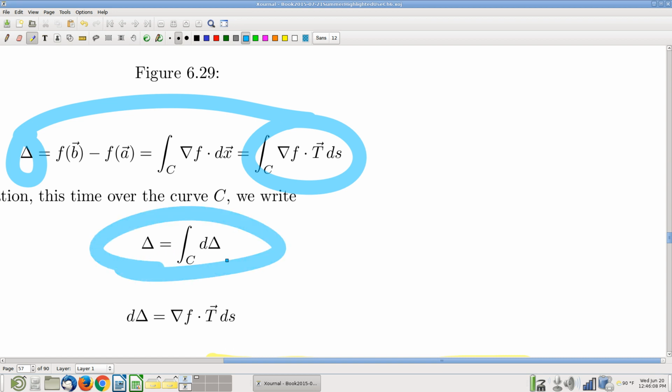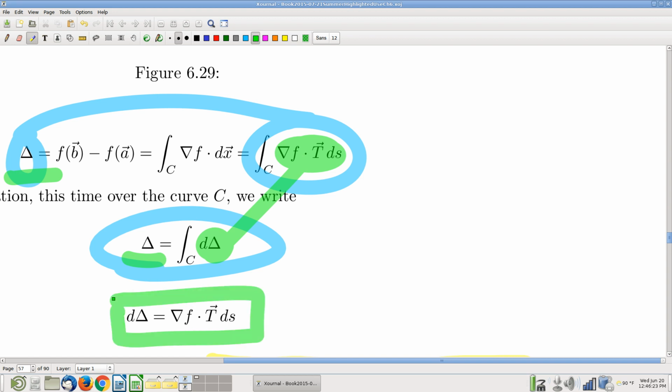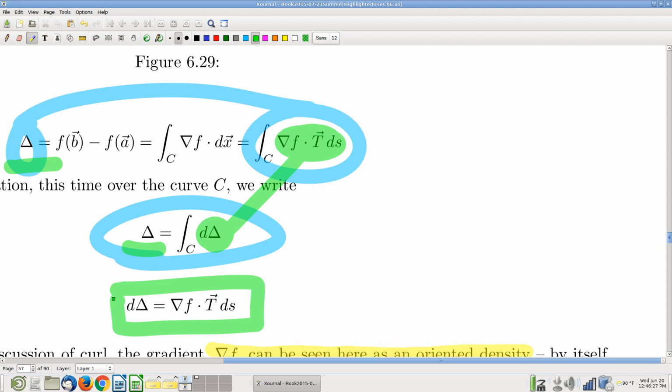And here's the observation that change is just an accumulation of little changes across the curve, whatever your curve is. And the fact that these two things are equal gives us the opportunity to interpret something as a density.